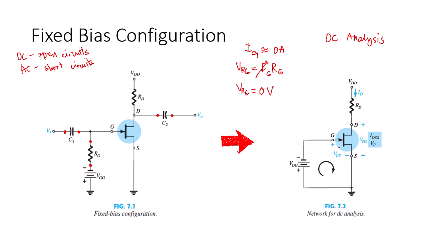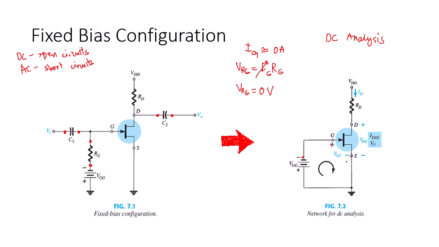The fact that the negative terminal of the battery is connected directly to the defined positive terminal of the VGS clearly reveals that the polarity of VGS is directly opposite to that of VGG. So here, the negative is connected to the positive and the positive is connected to the negative.